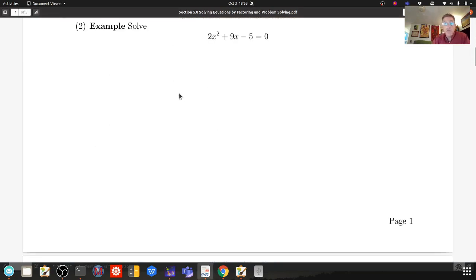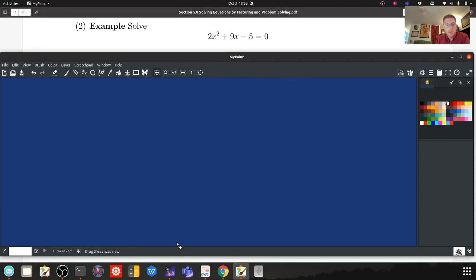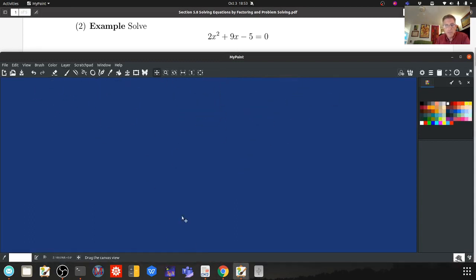So now, suddenly, pow, the simple case has disappeared, and we've got another case. So here is the thing. The only way you can solve this equation is to use the zero factor property.